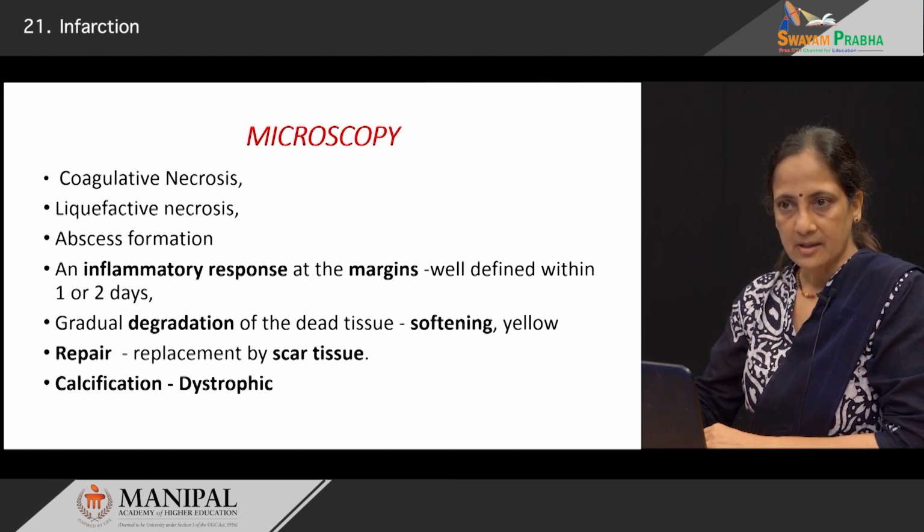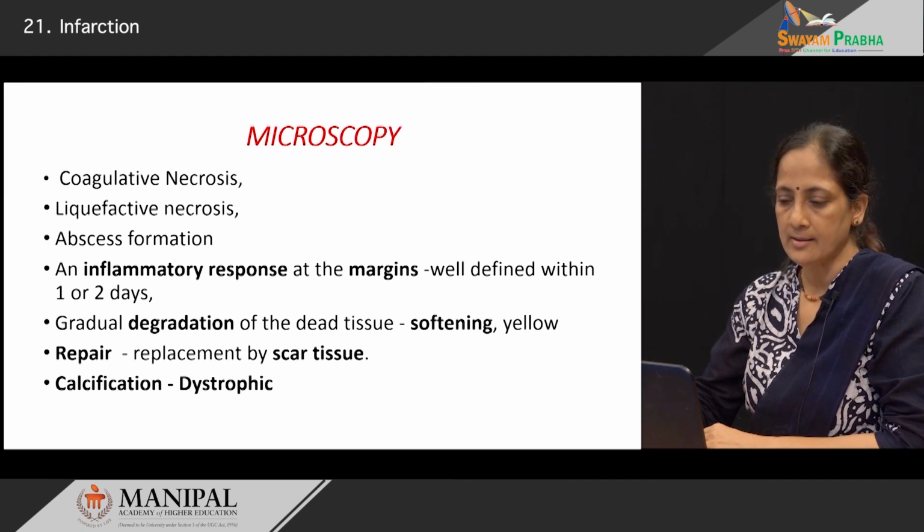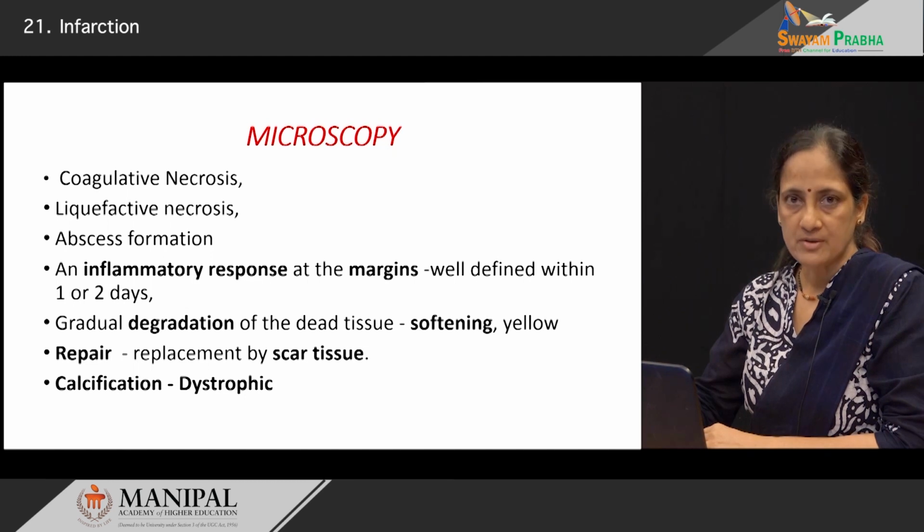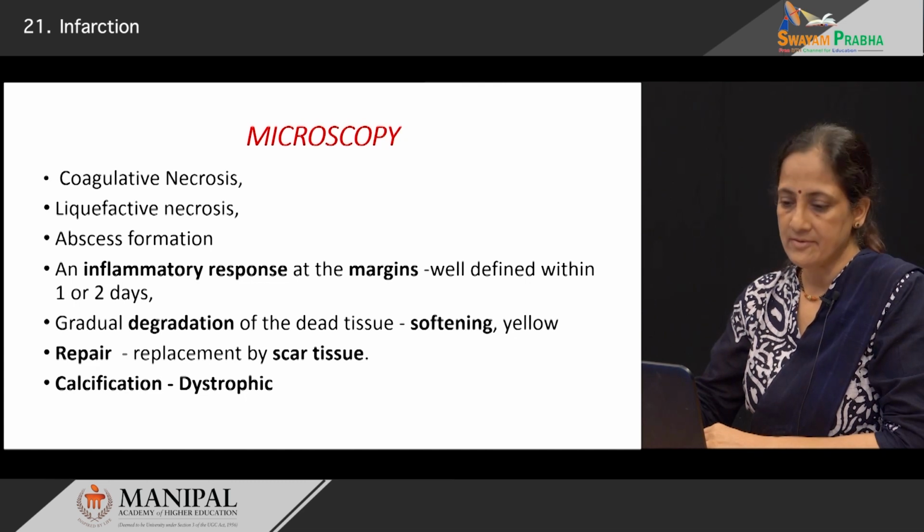In case of septic infarcts, because of the suppuration in the center of the ischemic area, abscess formation results and pus will be seen. The wedge shape may be replaced by an irregular shaggy cavity filled with pus.